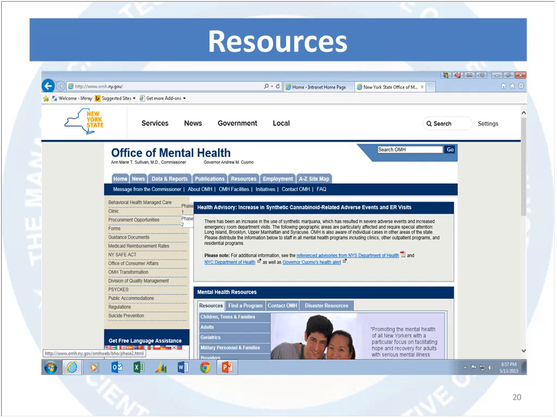What you'll see on your screen right now is the homepage to the Office of Mental Health. It's hard to see, but on the left-hand panel, at the top is behavioral health managed care, and next to that is phase 1, phase 2.